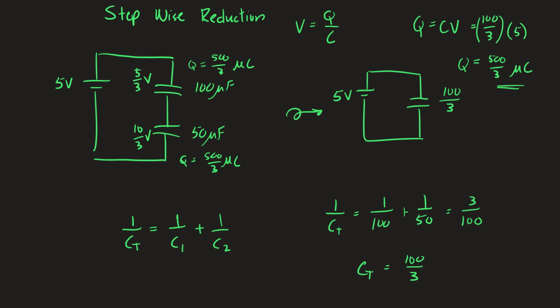Now, check your work. Does 5 thirds plus 10 thirds equal 5 volts? Do you understand that this method doesn't use all of Kirchhoff's laws, but it uses a portion of Kirchhoff's laws to generate a way to reduce our circuit into something smaller?